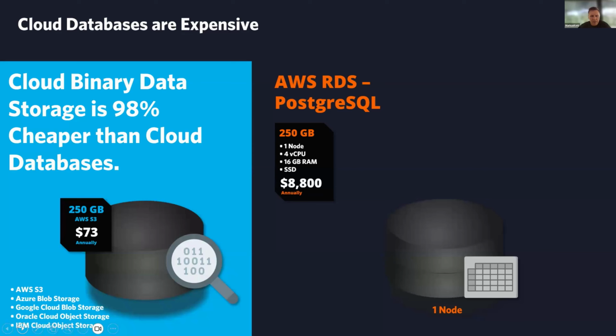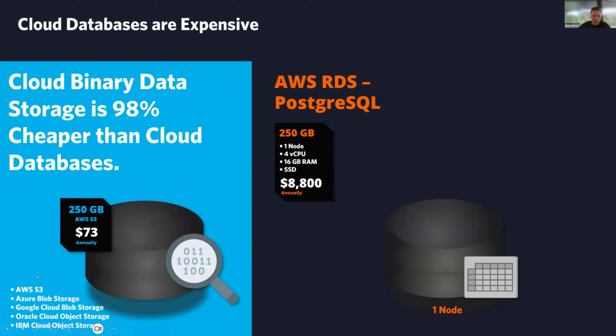Doesn't matter. When we compare this with cloud binary data storages like AWS S3, this is super interesting, because 250 gigabytes costs only $73 annually. So it doesn't matter if you pay $8,000 or $4,000 for your relational database in comparison to S3 blob storage.